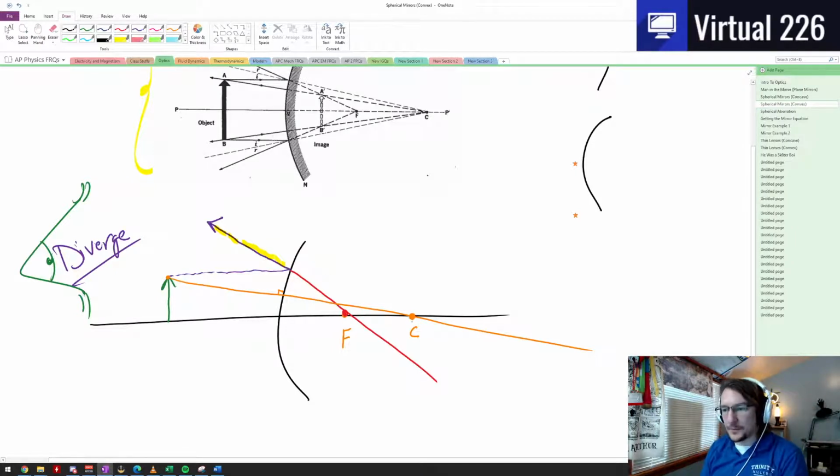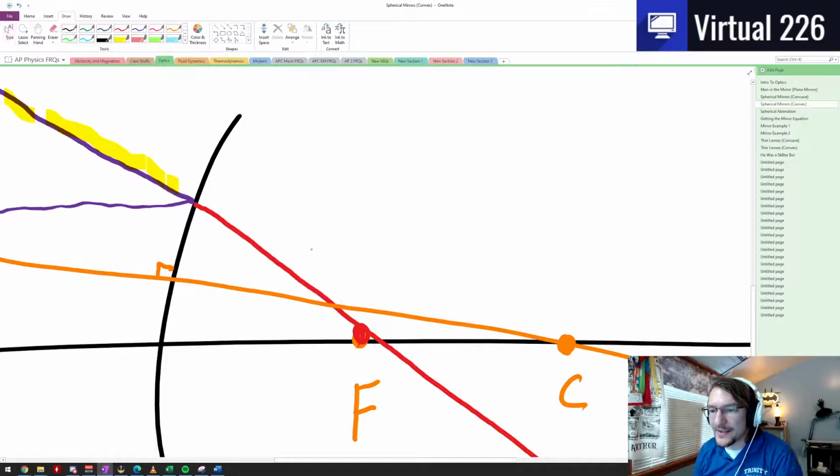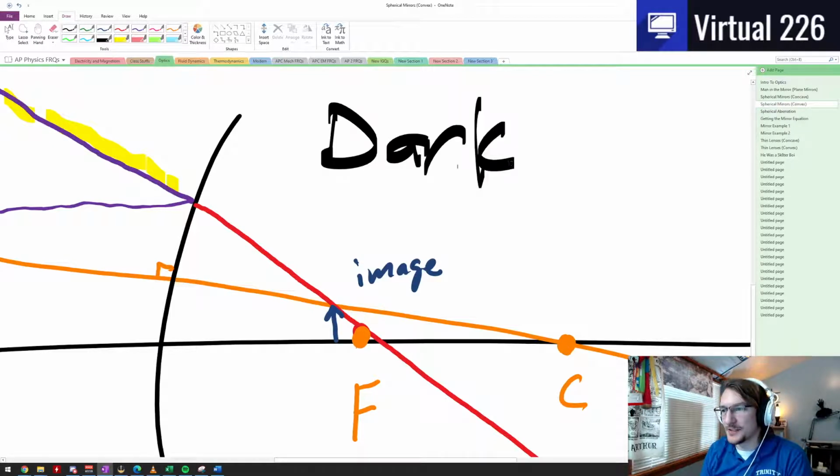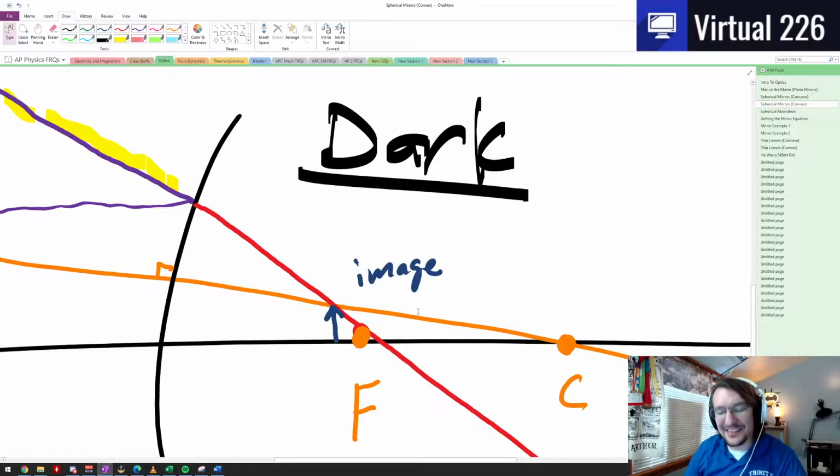And that maps back through the center of curvature. If you do that, notice on this side, these light rays have now intersected, which means that your eye thinks that the image is right here. Really, there's no light over here. This is all dark. Okay, there's not a single speck of light here, but your eye thinks there is.